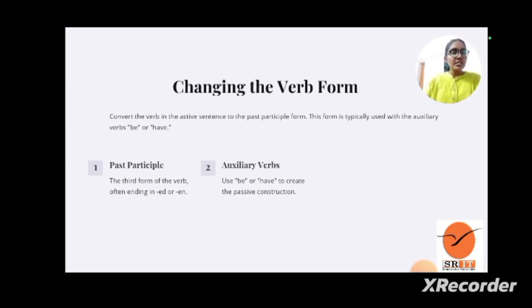And auxiliary verbs, be or have, are used to create the passive construction. Convert the verb in the active sentence to the past participle form. This form is typically used with the auxiliary verb be or have. Well, we'll look at how it is.